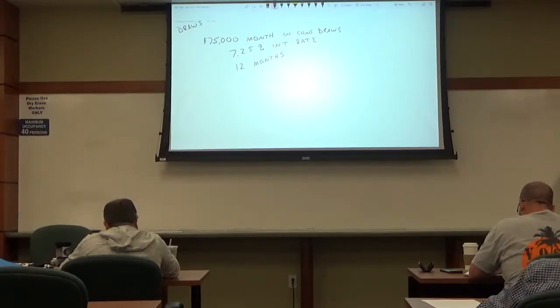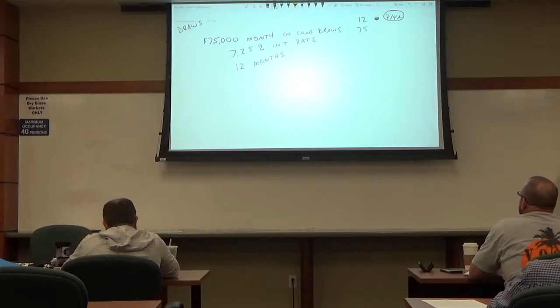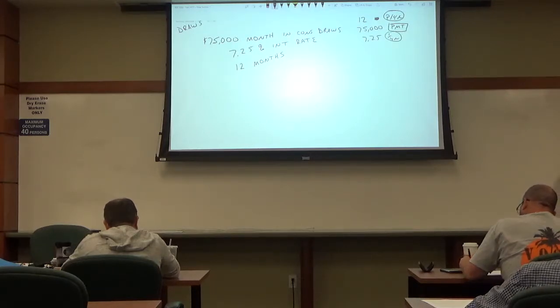In this case, it's going to be 12 payments per year, and the payment amount is going to be $75,000. Your interest rate is going to be 7.25%, and your term is going to be 12 for 12 months.